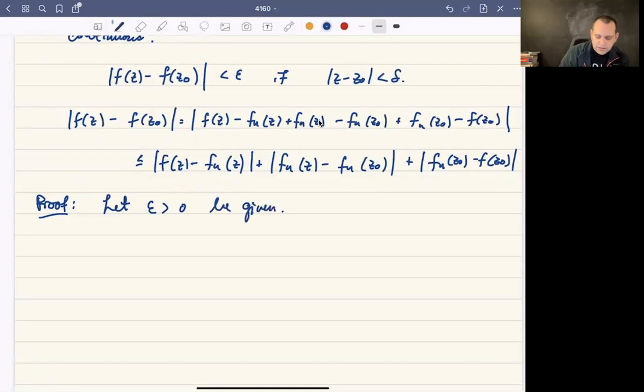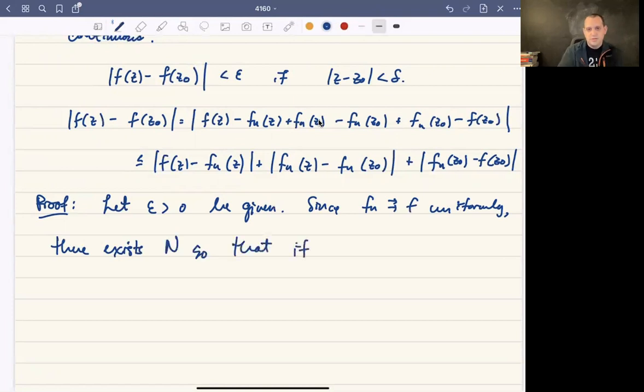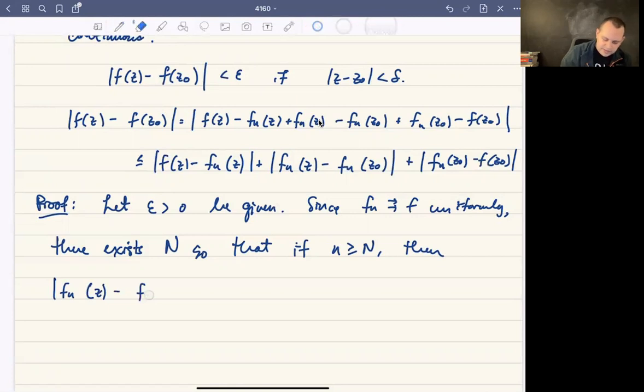And I want you to notice that since f_n converges to f uniformly, that means that there exists a capital N so that if little n is greater than or equal to capital N, then |f_n(z) - f(z)| is less than epsilon, just so long as little n is greater than or equal to big N.